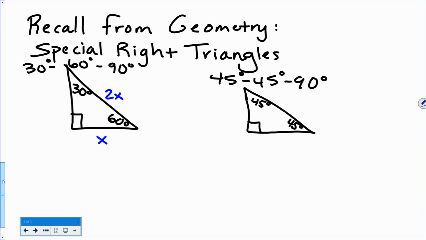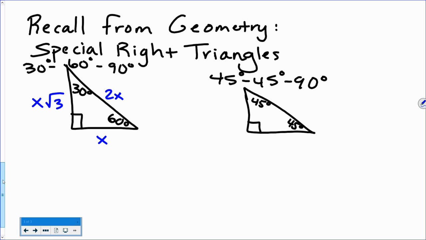I take 2 times the value of that short leg to get the hypotenuse every time. And then for that longer leg, I take that short leg times the square root of 3 every time, no matter what number I would have for the short leg. And that was the relationship.